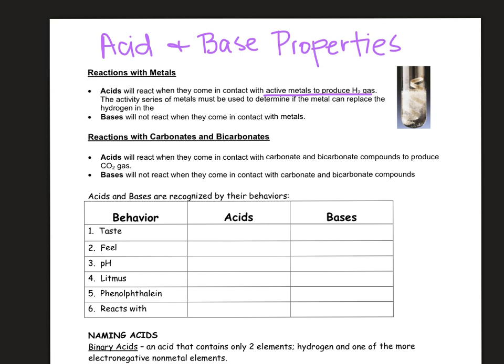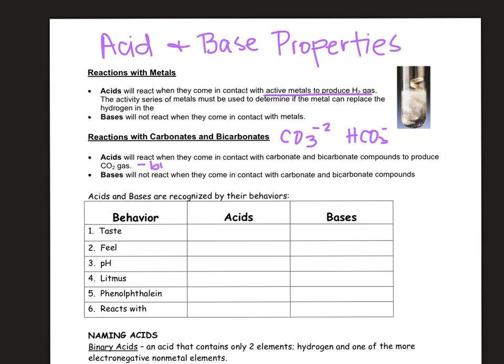Then we also have reactions with carbonates and bicarbonates, basically anything that has CO3, the carbonate ion, or the bicarbonate ion. So these types of compounds, it could be sodium bicarbonate like baking soda, react with acids when they come in contact and they produce CO2 gas.